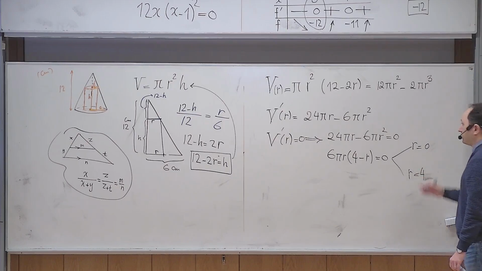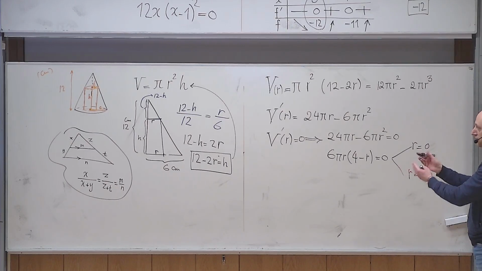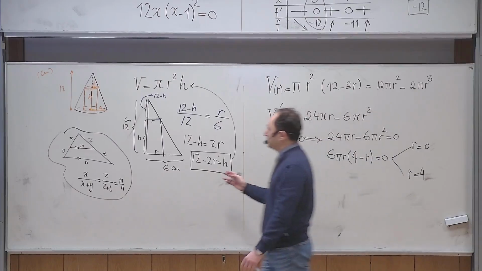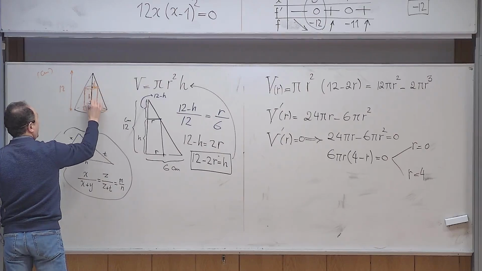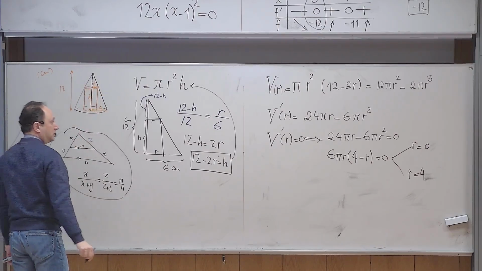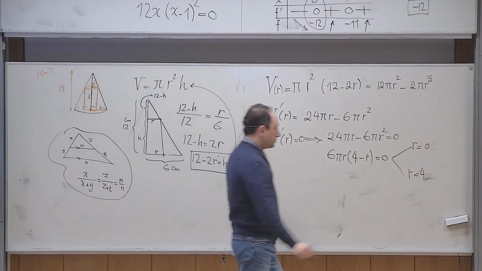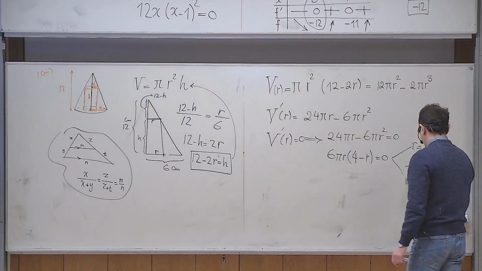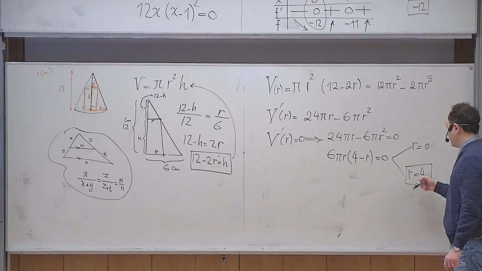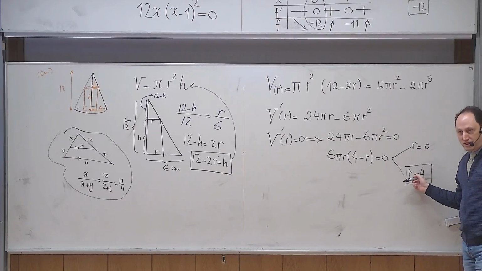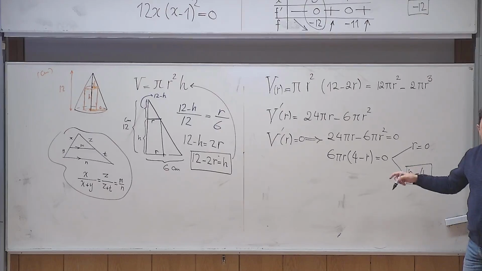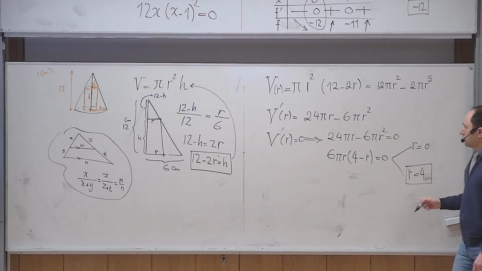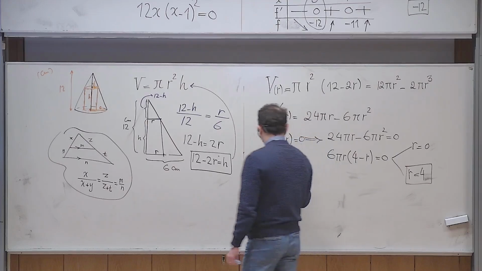Of course, r equal to 0 is not acceptable. If I make r equal to 0, it means that I will have a line from here to here. That is not a cylinder. Okay, so definitely r equals 4 should be acceptable. But if this is the national exam, you have to really motivate that this is a maximizer, not a minimizer. Because when you put the derivative equal to 0, it might be a maximizer or a minimizer. So that's also simple. So that is enough in the national exam.